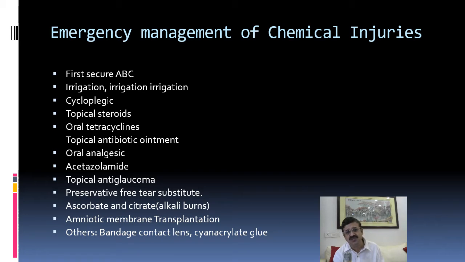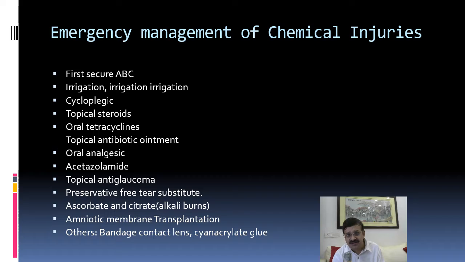Now why is so much solution used? This is particularly true in case of alkali burns. In alkali burns, what we have are particles of cement or lime or pellets of magnesium hydroxide, etc. They tend to get lodged into the tarsal sulcus or into the fornix.